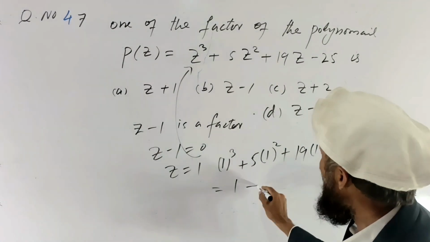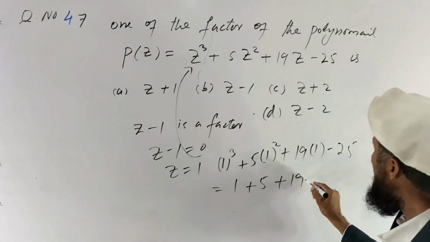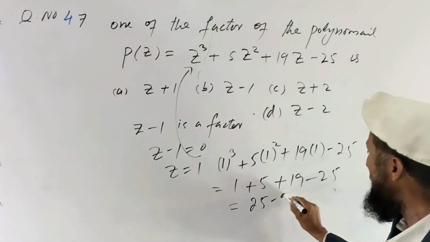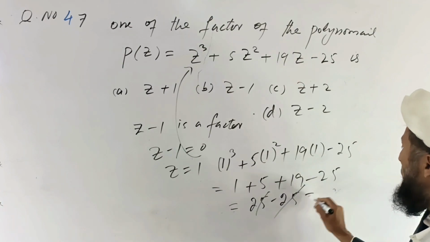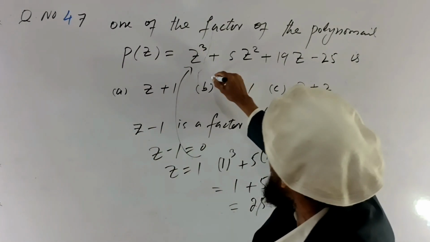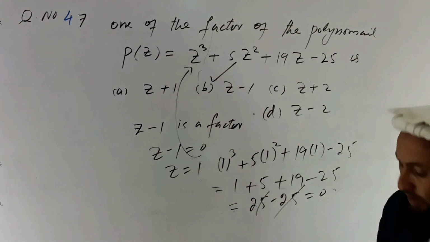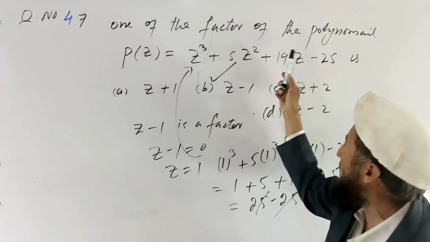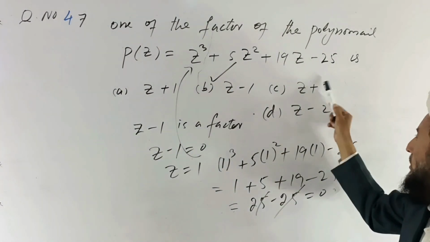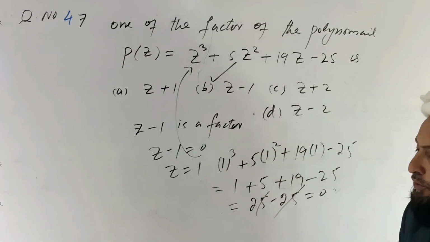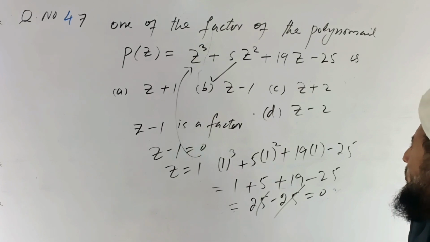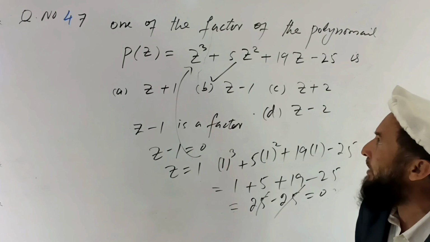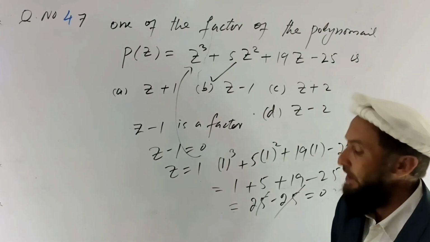So we will get here 1 plus 5 plus 19 minus 25, so the result is 25 minus 25. So both are 0, so z minus 1 is the correct answer. z minus 1 is a factor. When we put z is equal to minus 1, or minus 2 or plus 2, the result is not coming 0. So z minus 1 is the correct answer, one of the factors of the given polynomial.